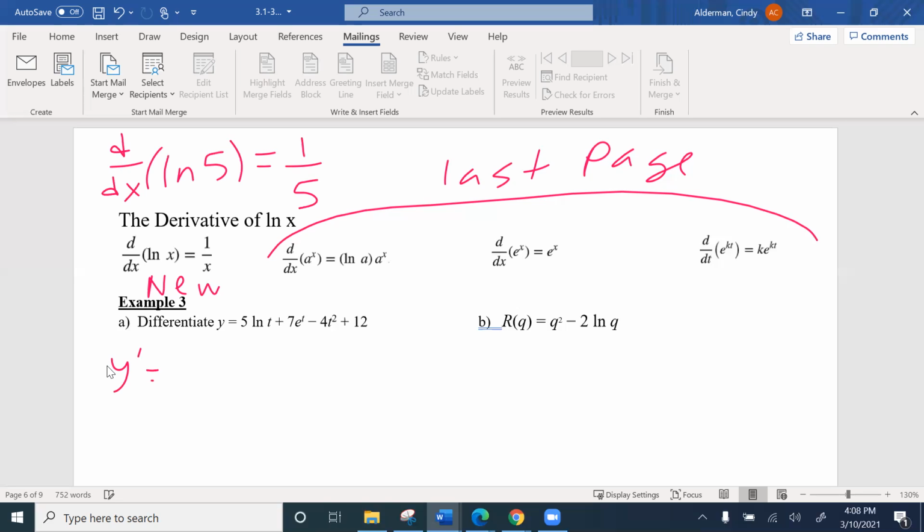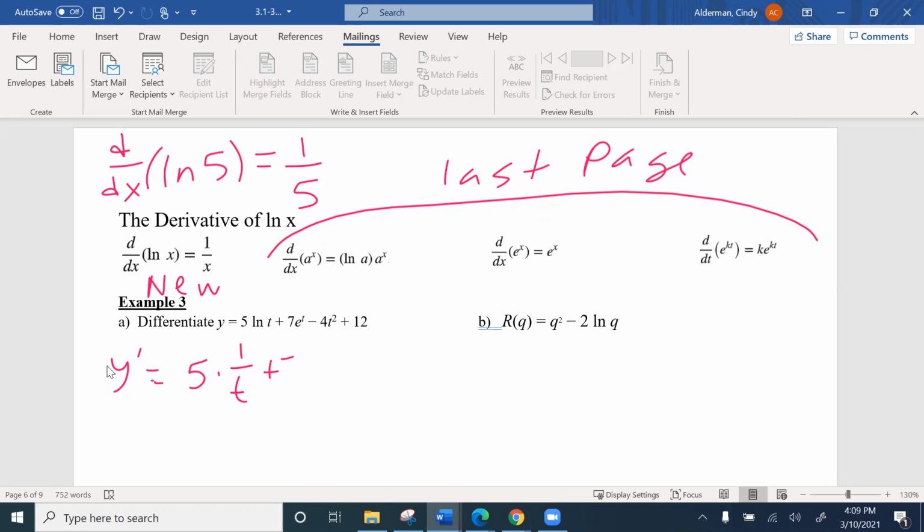So if we differentiate this one, 5 comes out, right? Because it's a constant multiple. And the derivative of the ln of something is just 1 over that something. So this is just 1 over t.